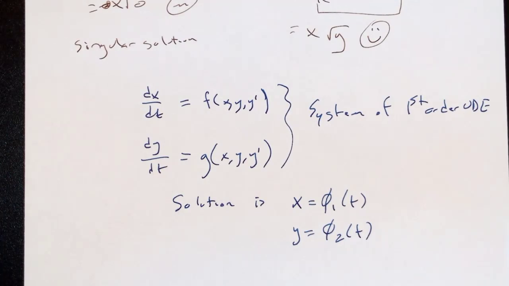But that means the interval for my system's solution has got to be made up of the overlap between those two intervals. So let's say that our first function was defined for all positive values of x. And then our second function was only defined for values of x less than 10. Then the only place this system would work is between 0 and 10. We need both of them to work to satisfy our system.